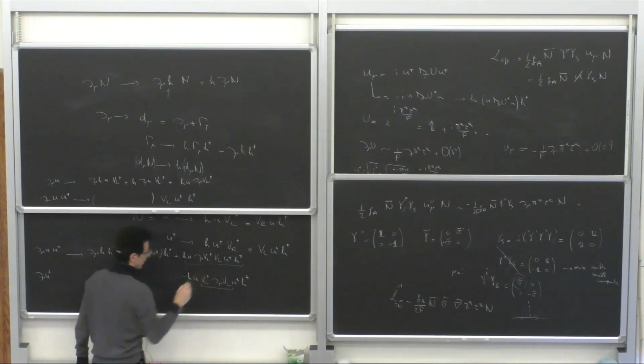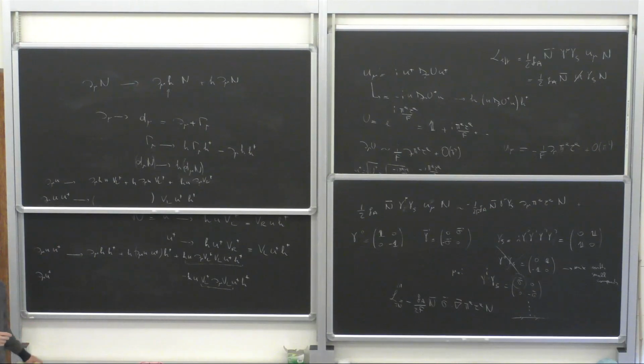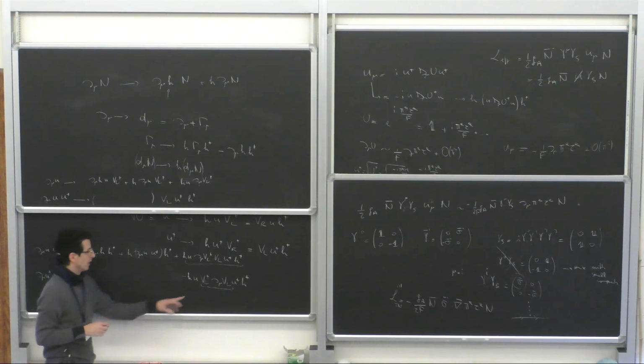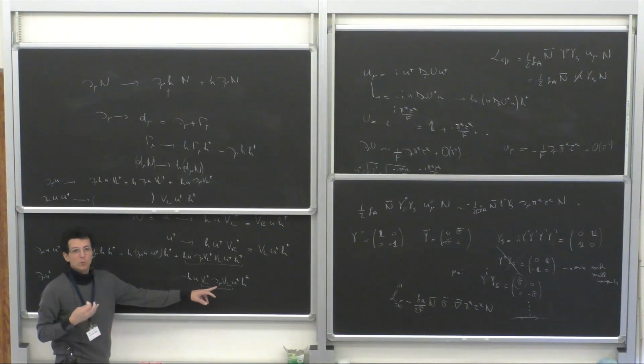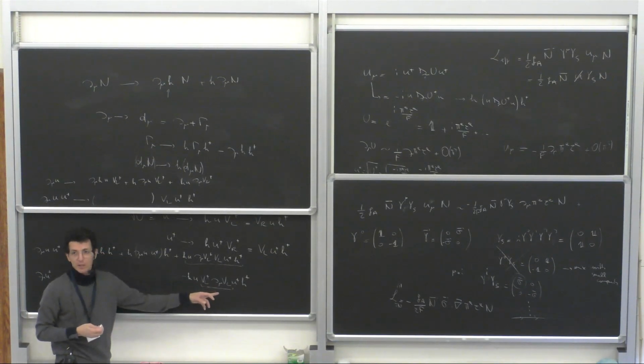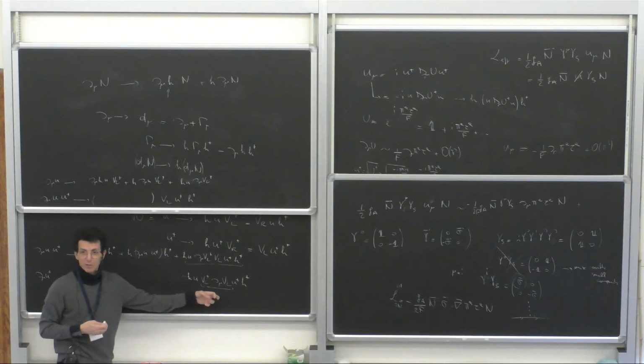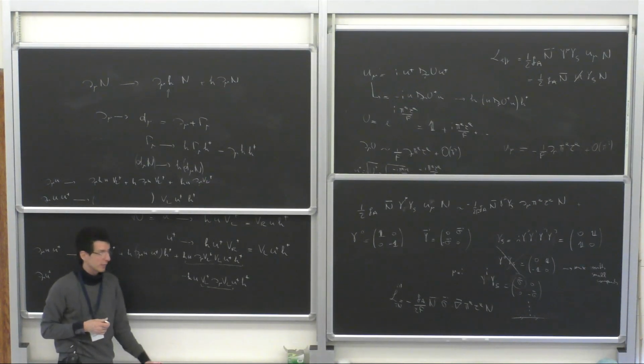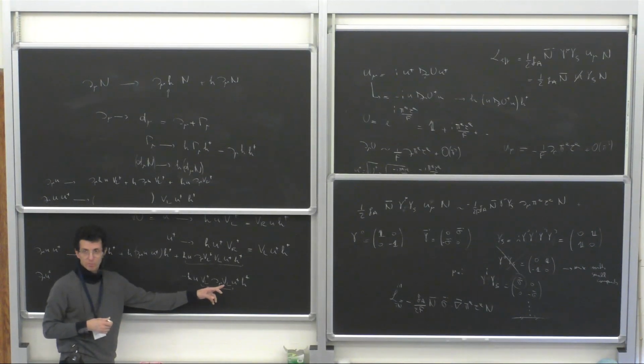If you remember what we did about the external sources, this could be compensated by the inclusion of the external sources, because this term is part of the transformation law of the external left source.